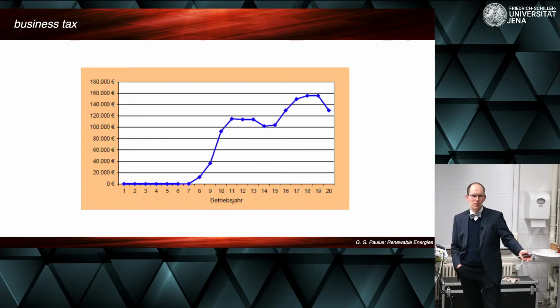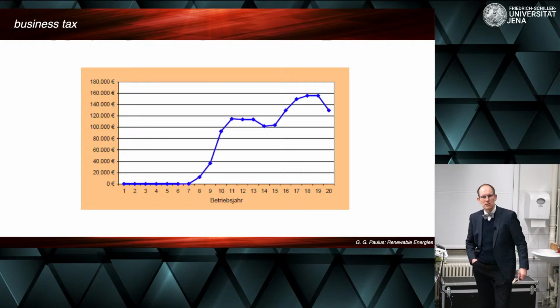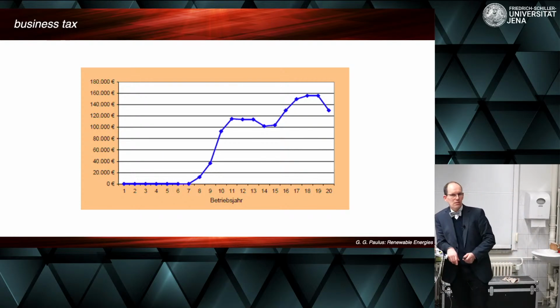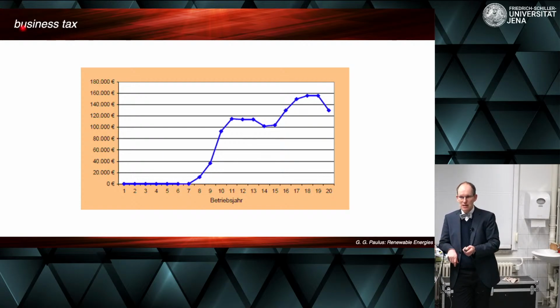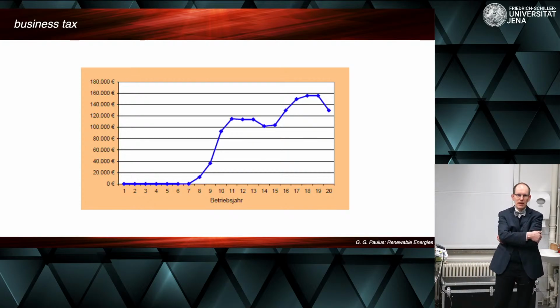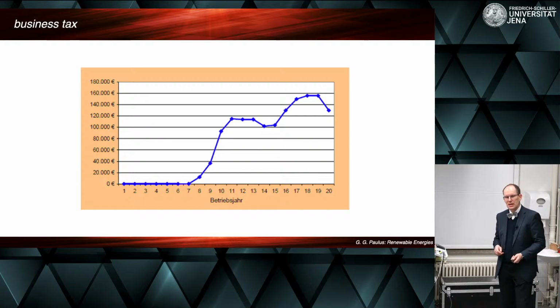And then a company sitting in, say, Munich and owning wind parks in Thuringia, this would mean that the communities here in Thuringia would see nothing of the tax. Right? This has changed, and now actually at least 70% of the tax goes to the respective community. But I think this is still not enough.